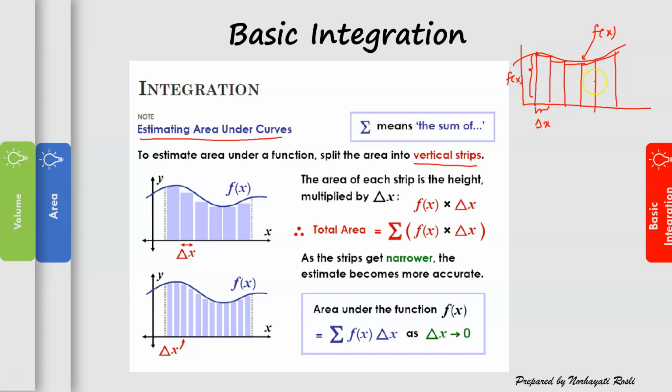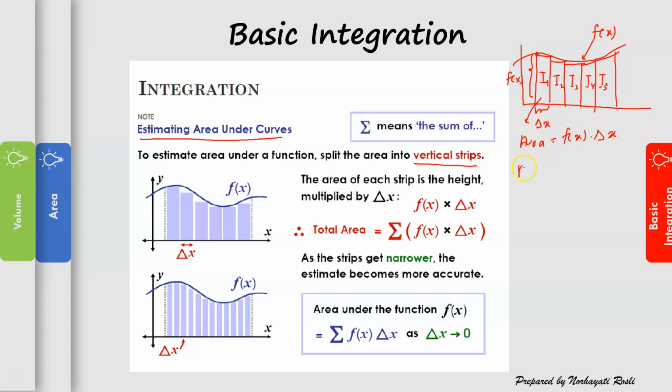When we want to compute the first area here, for the first part, the area equals f(x) times delta x. And then, if we have many strips here, we need to take the sum: I1 plus I2 plus I3 plus I4 plus I5, we need to take the sum of all these.